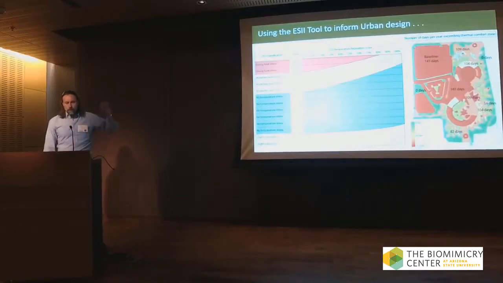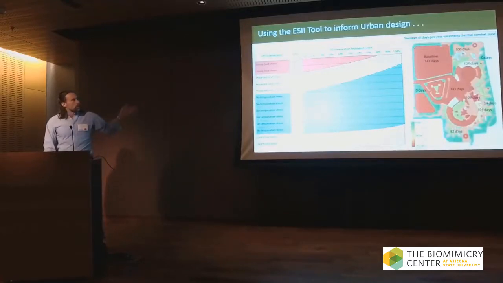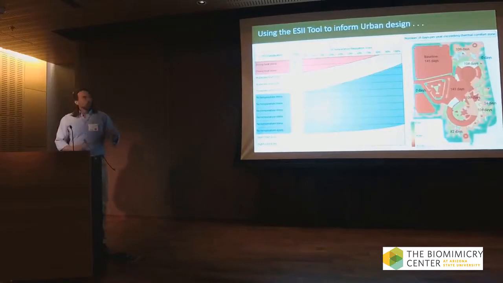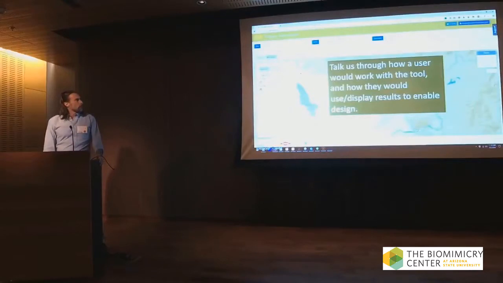We link that to uniform thermal comfort index to actually look at how could they increase the number of usable days in an area by how they've landscaped it. So basically we link the output of the tool to that comfort index. It's a way to start getting it into urban design in some different ways.